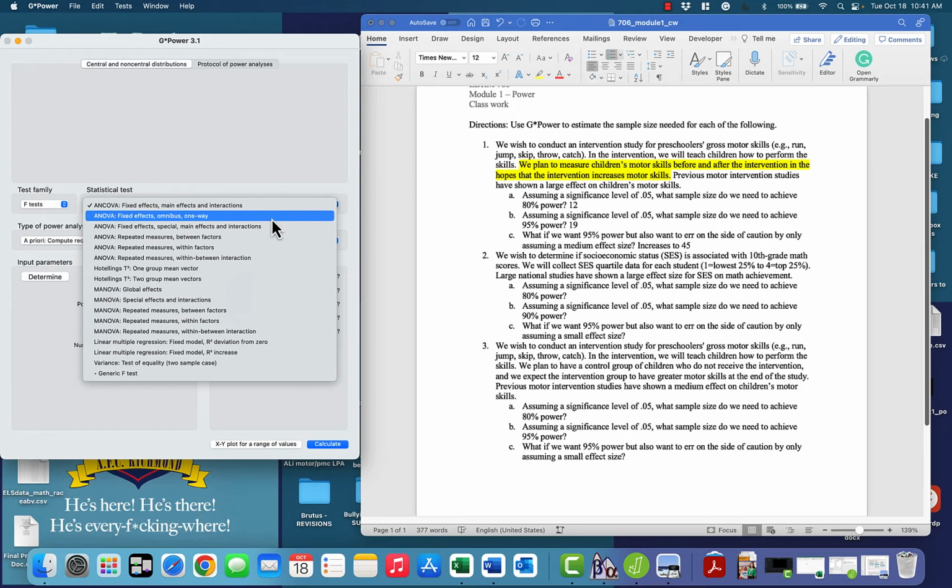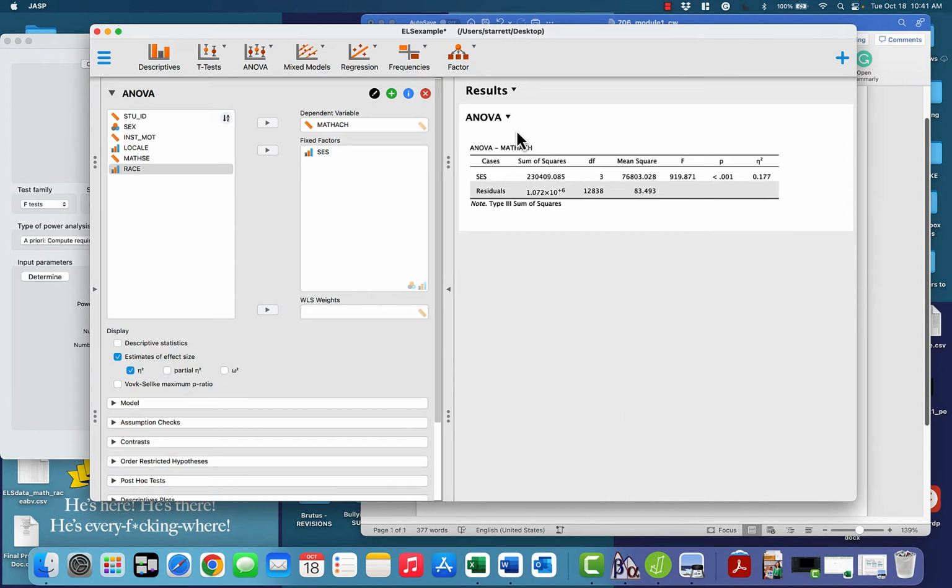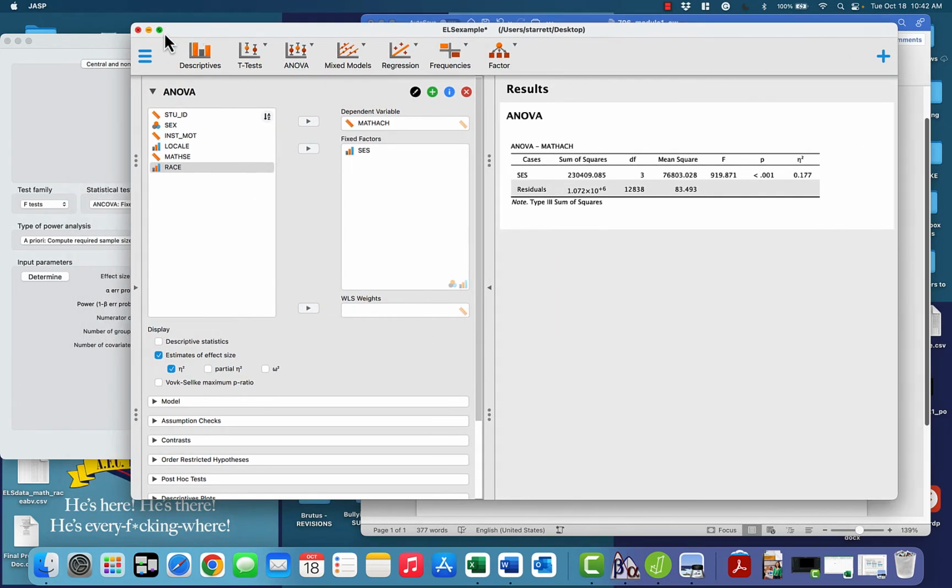And the omnibus test is, and if I go back to JASP for a second, this is the omnibus test. So we're not comparing quartiles with one another. Remember in ANOVA speak with the alternative hypothesis, this significant p-value is saying that at least one SES quartile is different from the others.